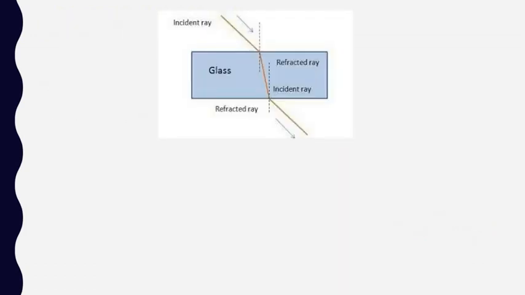So how does a lens actually magnify this image? It is because of the property of the light wave known as refraction. Because of this property, the image magnification process works. What is refraction?